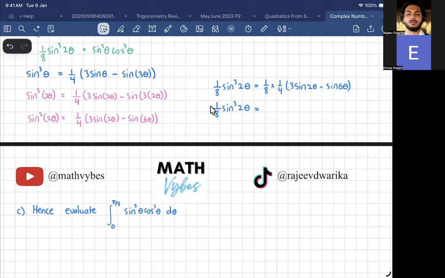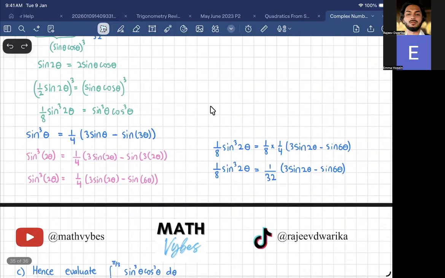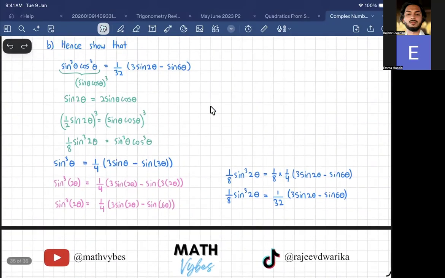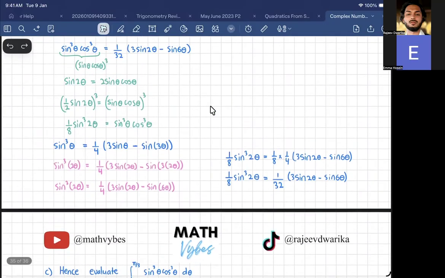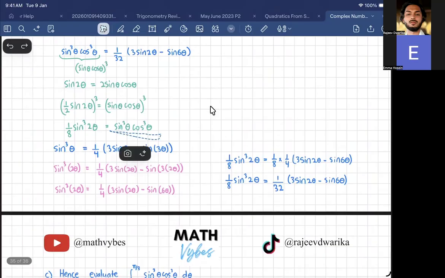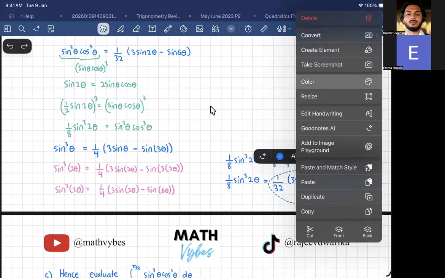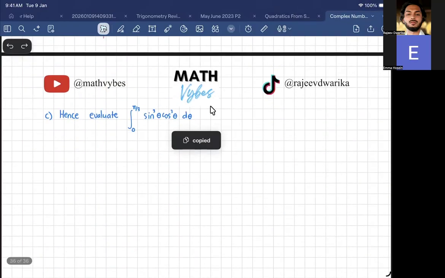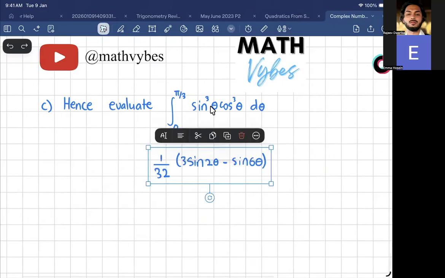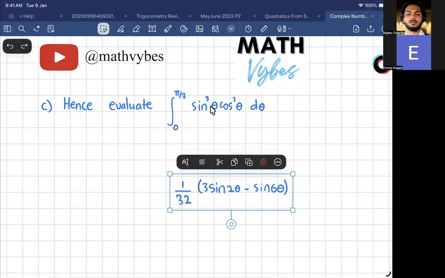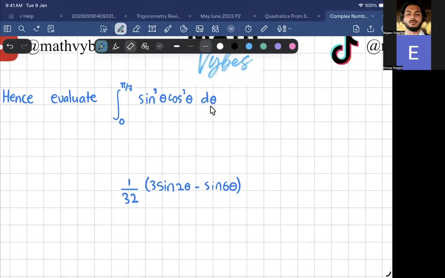We were able to write sine cube theta cos cube theta as this over here. So I'm going to just copy that and put it over here. So we actually want to integrate this, which is not hard.